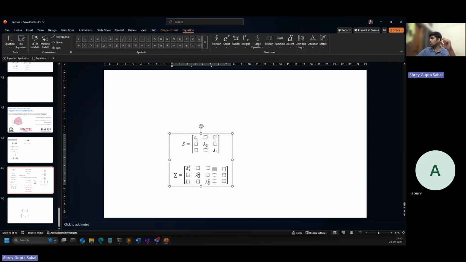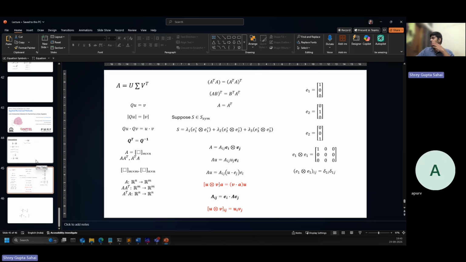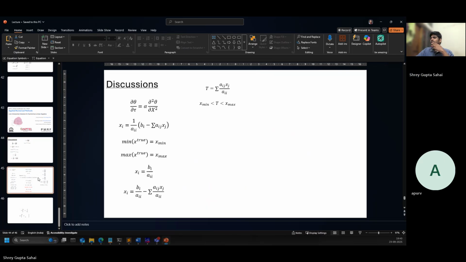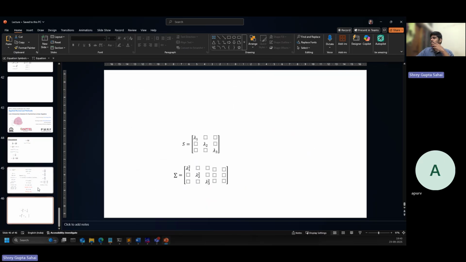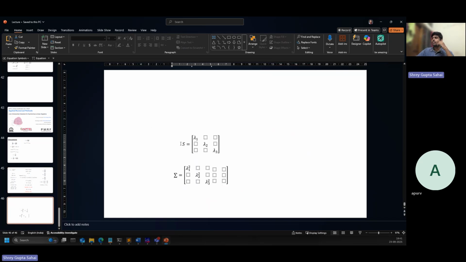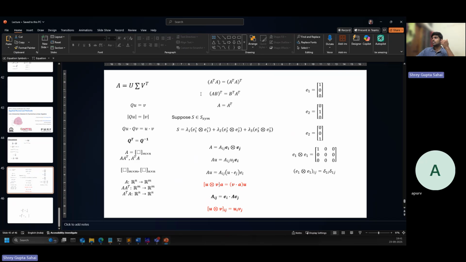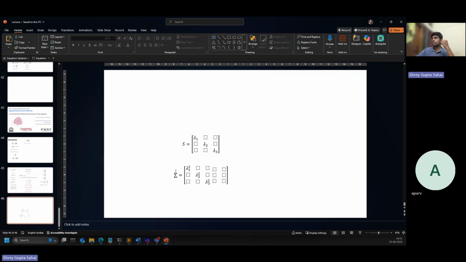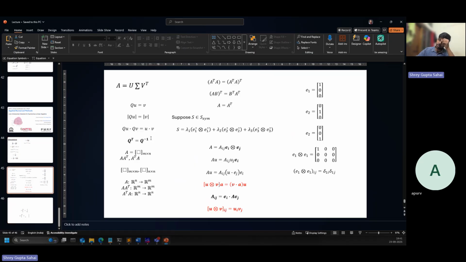Maybe we'll discuss this more in detail later. Essentially, only a symmetric matrix has this very nice property, and this is why A transpose A and A transpose have this kind of nice decomposition possible.